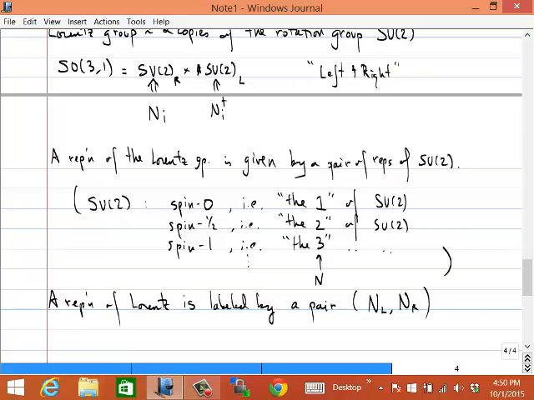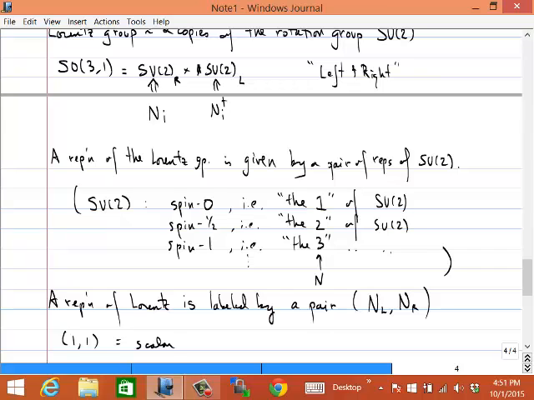So, for example, what is the (1,1) representation of the Lorentz group? Well, it's spin 0 on the left and spin 0 on the right. Okay. So that is just the usual scalar field that we've already met. It's a one-dimensional representation, so it's one number. The field is just one number per point in space-time.